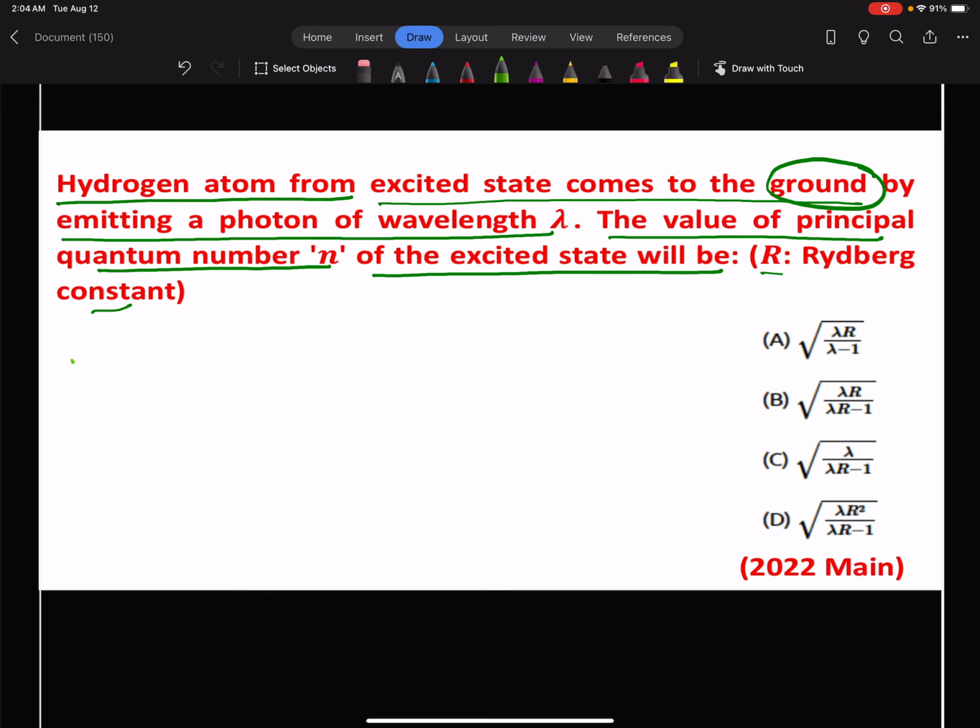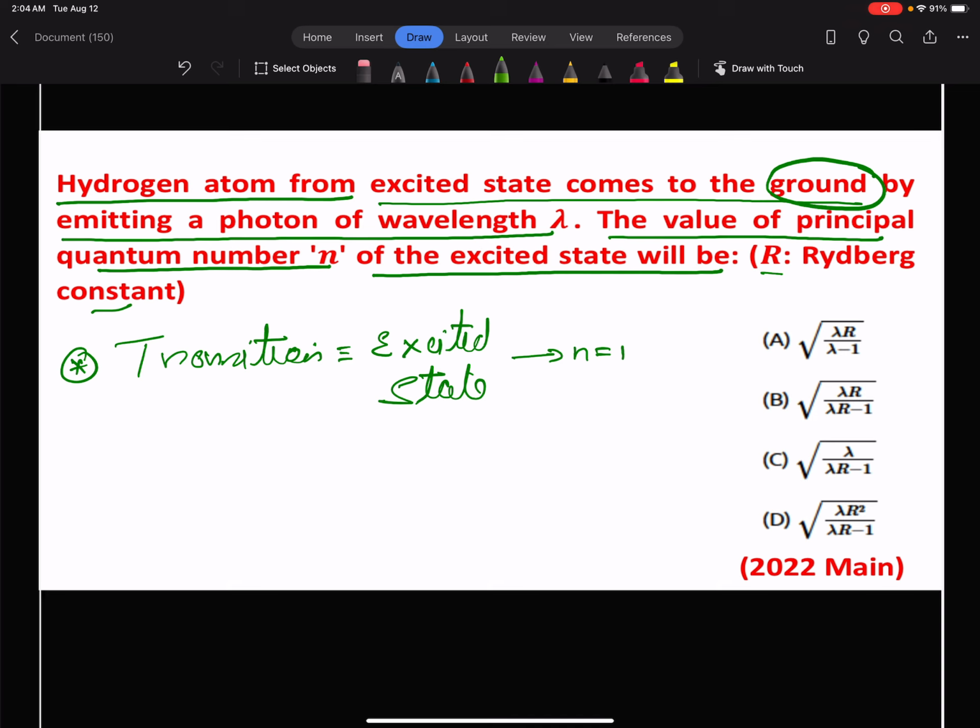So you can say that the transition is from excited state to n is equal to 1, which is our ground state.